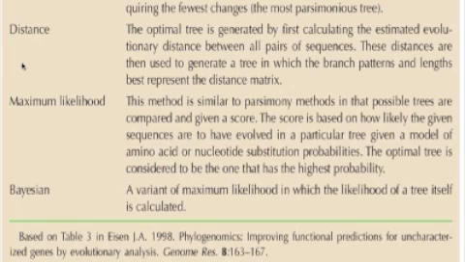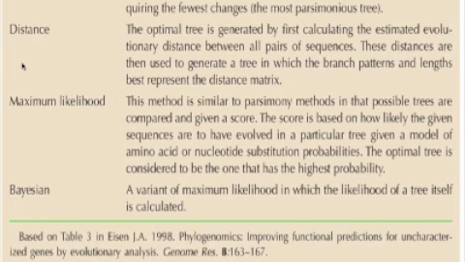I have my favorite distance methods, as do other people if they use distance methods. A lot of people use a method called neighbor joining. The main reason for that is there was really good software to do it, and it's very, very quick. So you can build a neighbor joining tree of 1 million taxa in a short period of time. You'll run it on a computer cluster for 6 months to do a likelihood tree with 1,000 taxa.